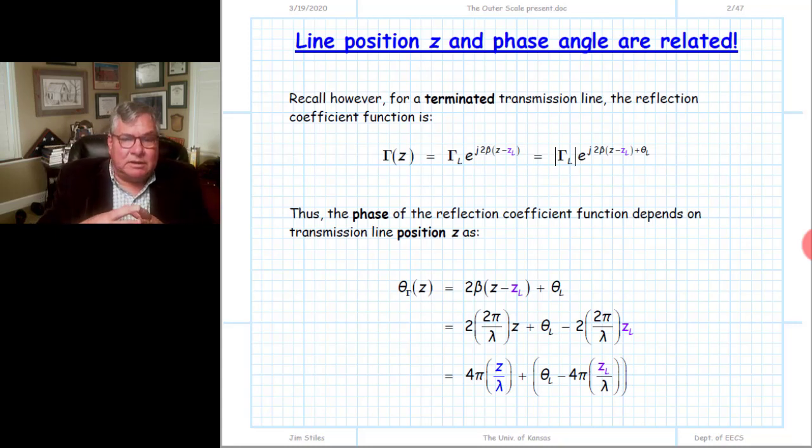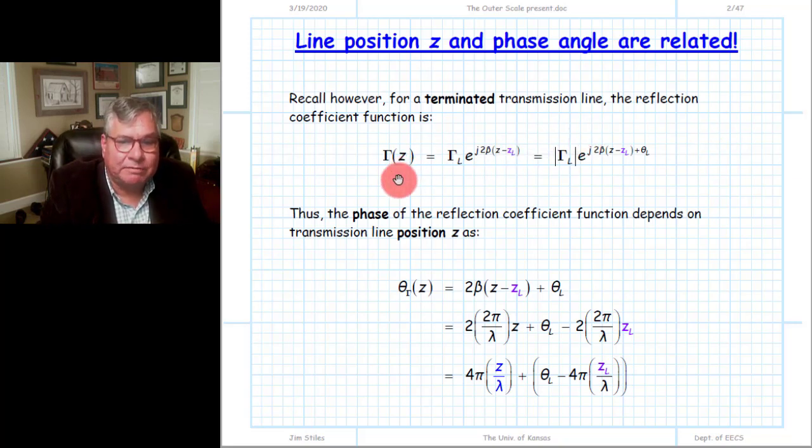All right, more specifically than just the value of magnitude and phase of an arbitrary point gamma. What we're interested in for the Smith chart is solving real problems for terminated transmission lines. And in this case, the value of gamma, the reflection coefficient, will change as a function of index z, the position along the transmission line.